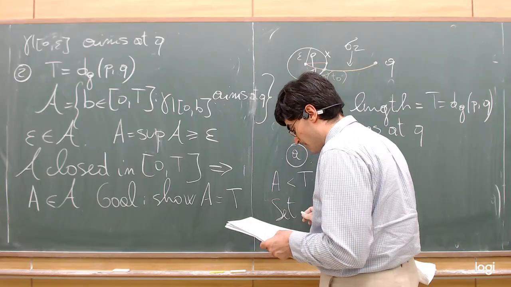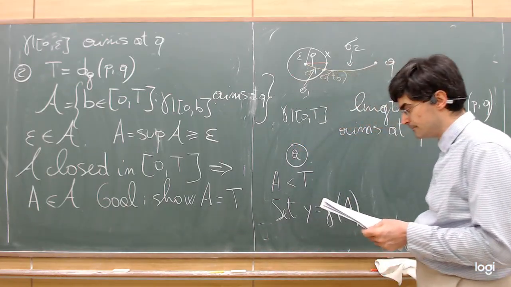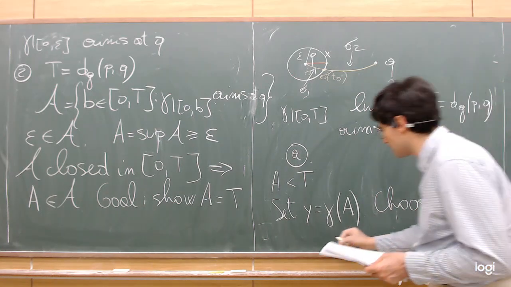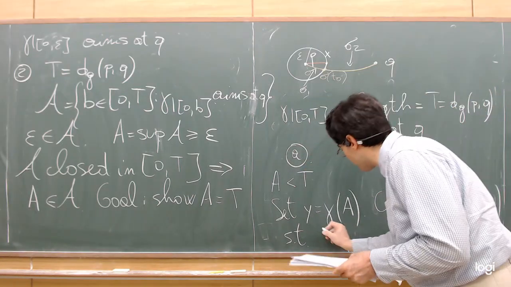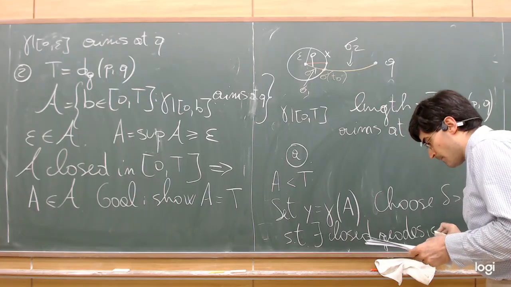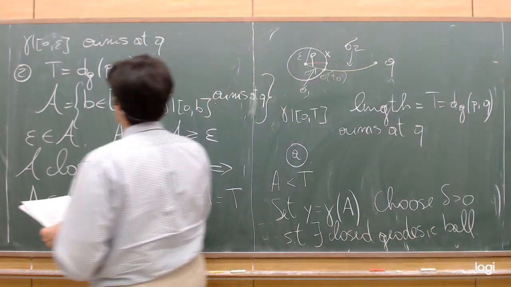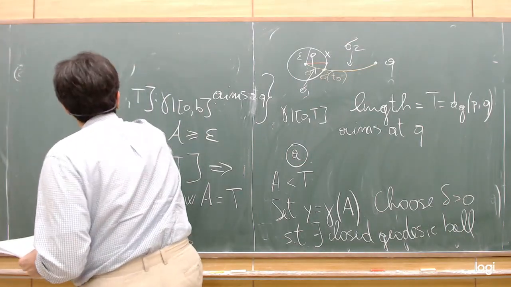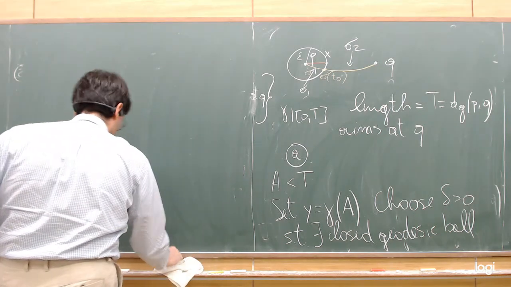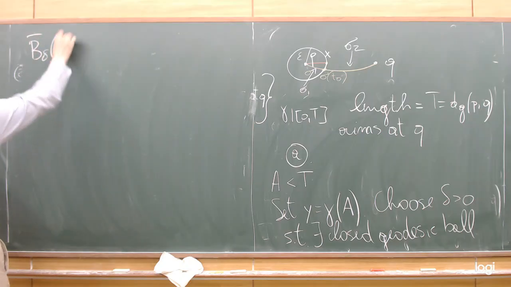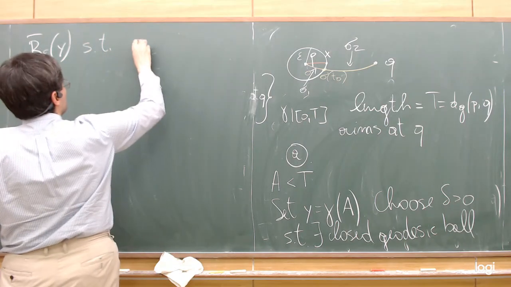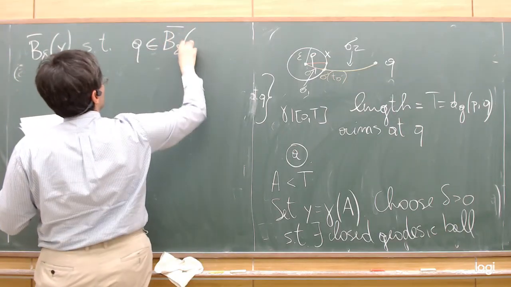So set y equal gamma of A, and choose delta positive such that there exists a closed geodesic ball centered at y such that Q does not belong to the closed ball of radius delta around y.